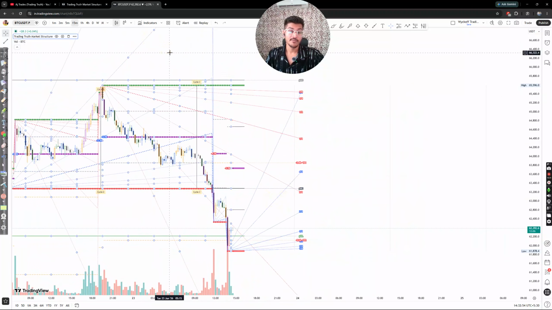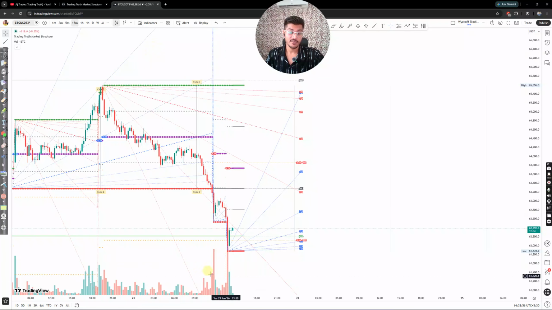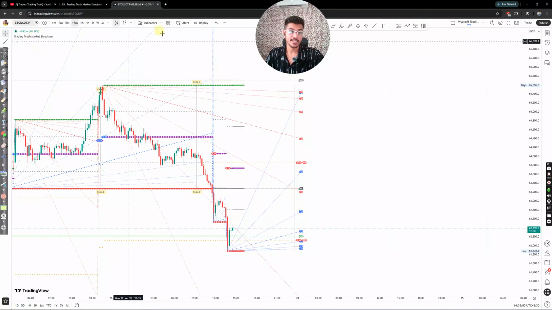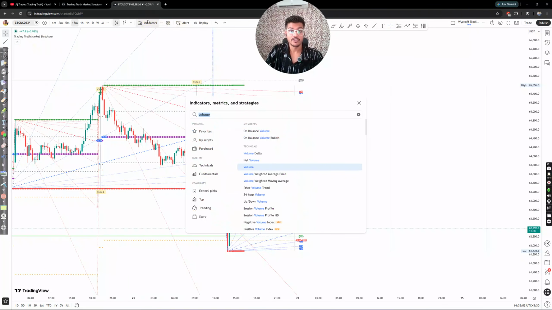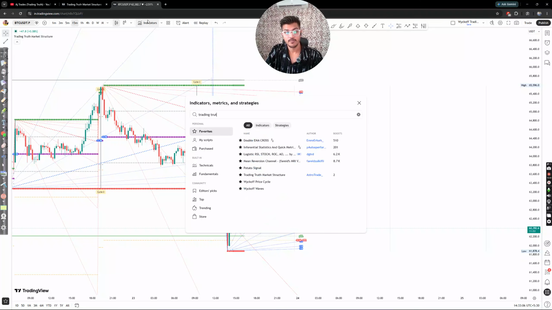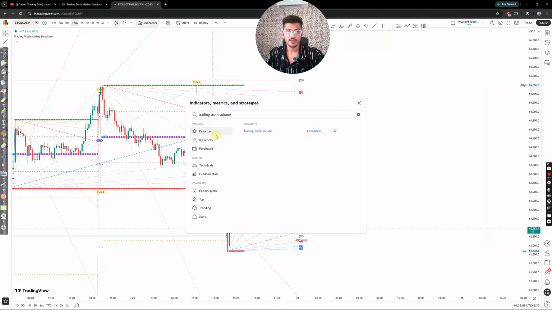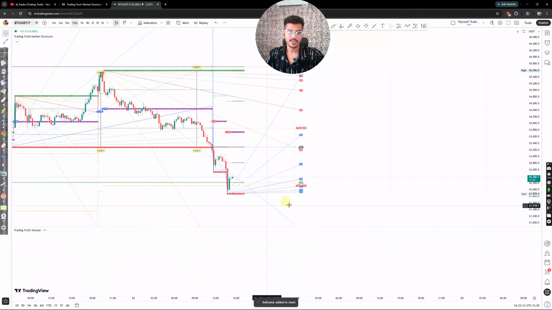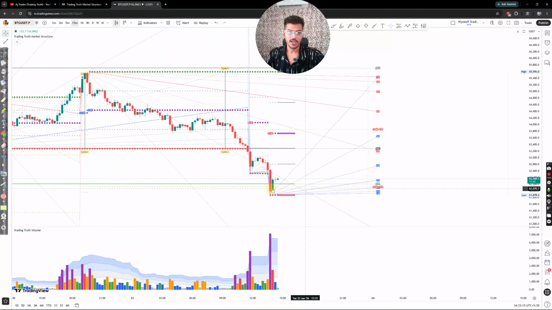If I want to see this volume with mathematics, I've also released one indicator called Volume Trading Truth Volume. Here you can find it. As I add that, you will see the chart come to life.